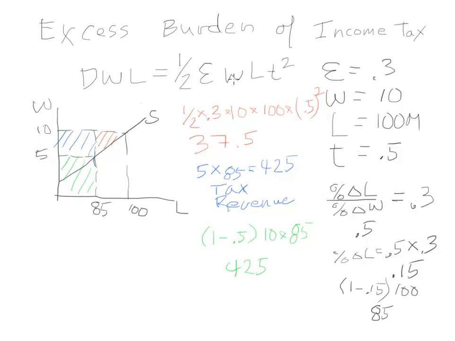What happens when the wage rate changes? Well, if I got more than $10 an hour, that's going to be up here further, so I could have bigger deadweight losses. Likewise, the tax rate is going to have a big effect, especially since it's tax squared. Notice, as I increase my tax rate, the deadweight loss goes up by the square of that term.